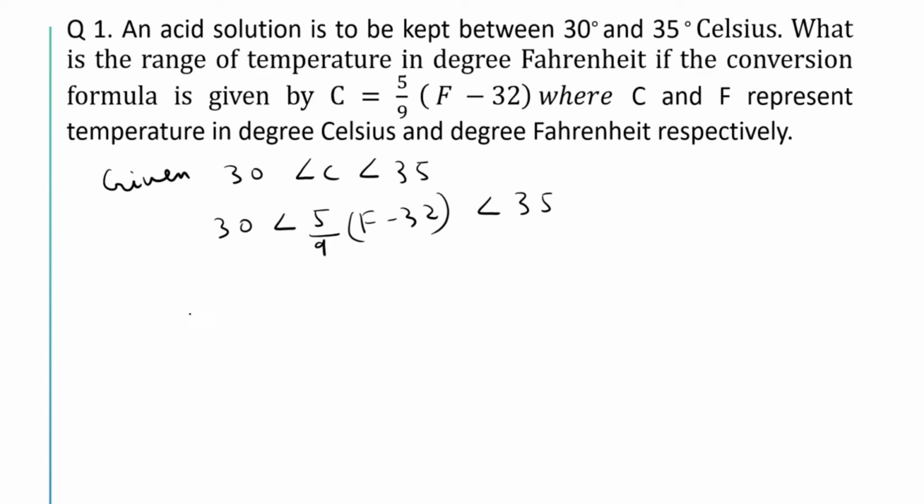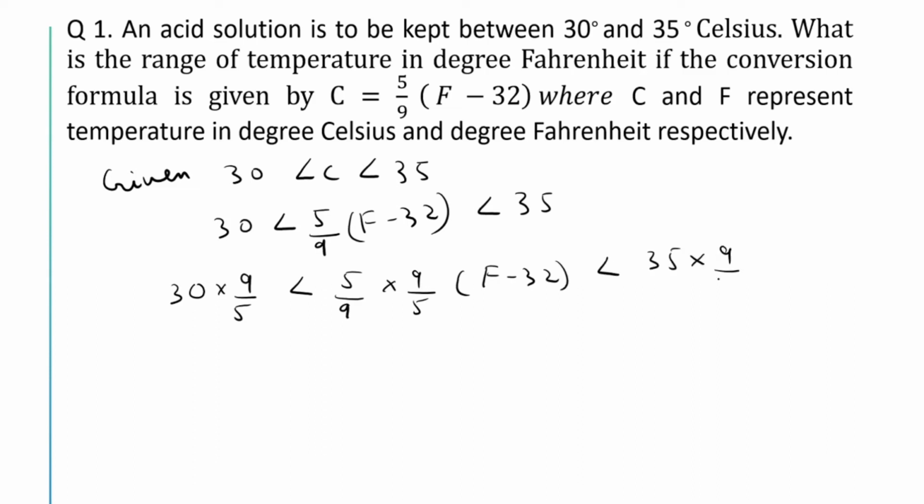So let us solve this simultaneously. So 30 into 9 by 5 less than 5 by 9 into 9 by 5 into F minus 32 less than 35 into 9 by 5. So here we will get 1.